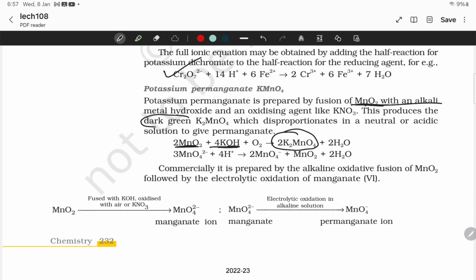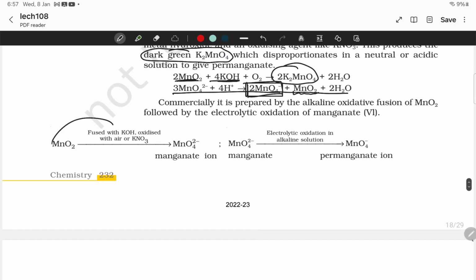That color is dark green, K2MnO4, dark green, which disproportionates in neutral medium. But the problem is that we are using MnO2 and we are getting some MnO2 back. So it's a time loss reaction, so we don't prefer this reaction.